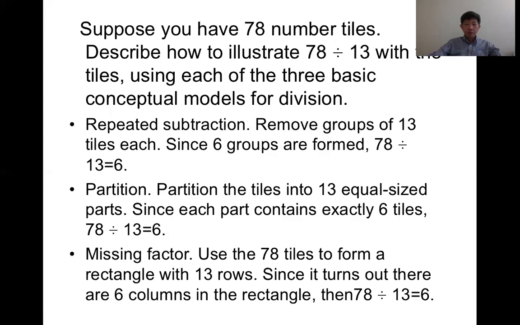Missing factor: use the 78 tiles to form a rectangle with 13 rows. Since it turns out there are 6 columns in the rectangle, 78 divided by 13 is equal to 6, right? So that's another example. Okay, you can take a look.